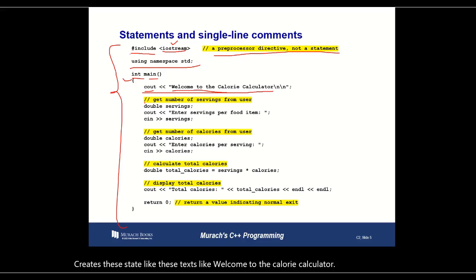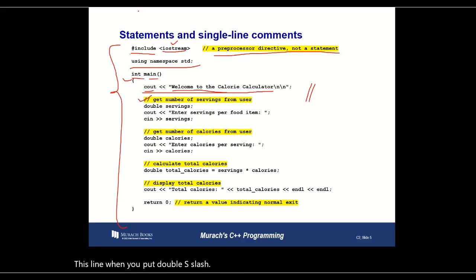Now comes the comment: get number of servings from user. When you use a comment, you use this double slash symbol in C++. This simply means that your compiler is going to ignore this line when you put the double slash.